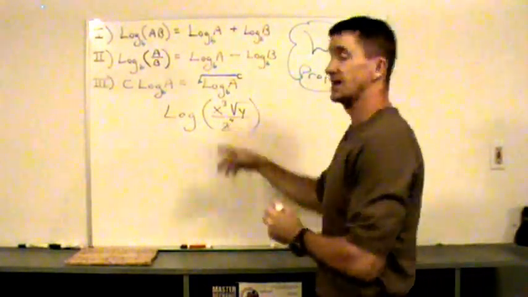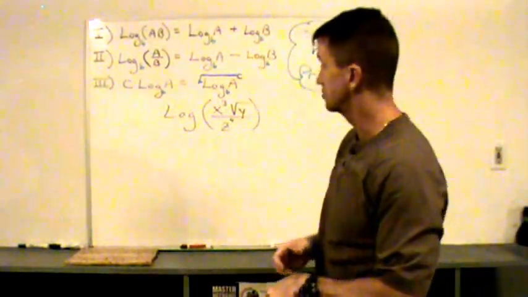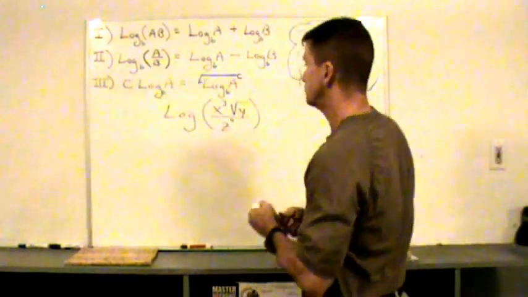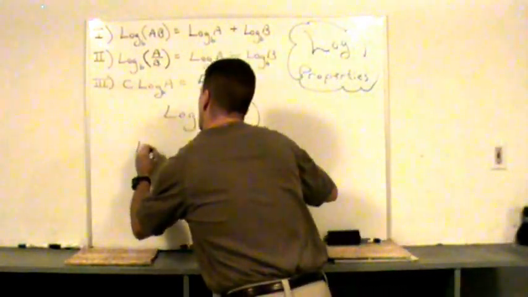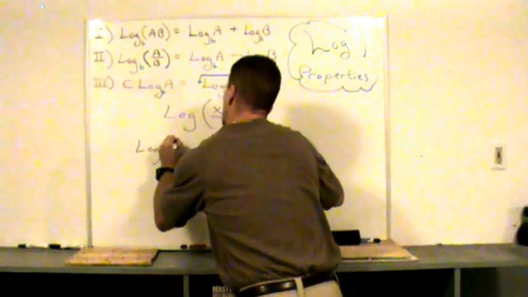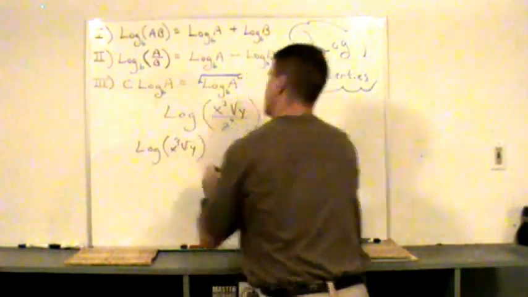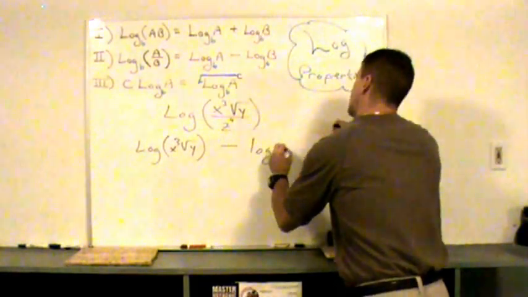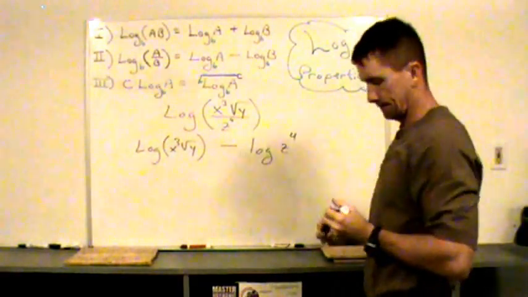Let's expand this log expression. We notice the quotient, so we can use property 2. Rewrite this as log of x cubed square root of y minus log of z to the 4th power.